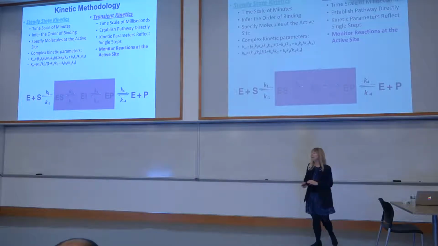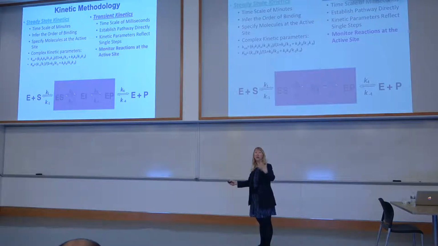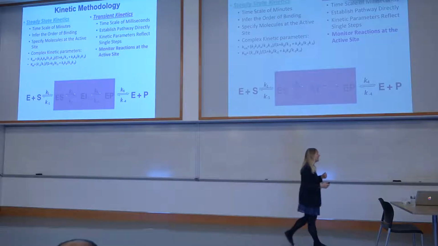Now, as you might imagine, enzymes turn over very rapidly, so if we want to get information about what's occurring at the active site, we need to be able to look at the enzymatic reaction on a very rapid time scale. So we use a special piece of equipment to do these kinds of experiments.